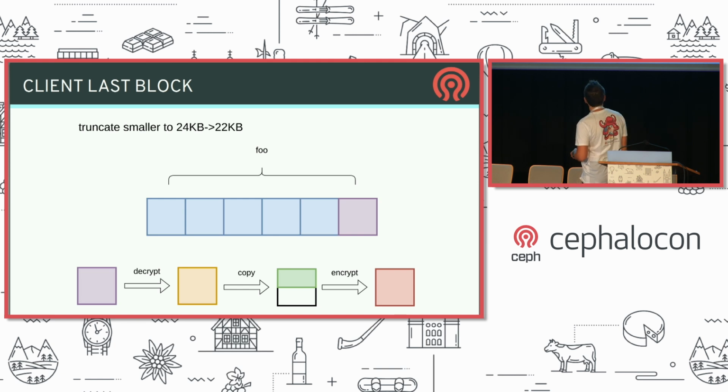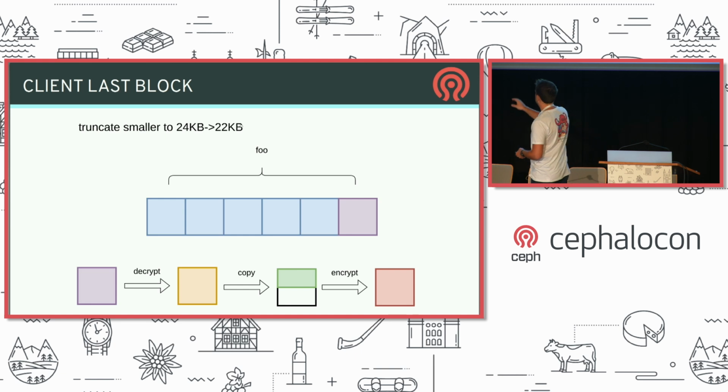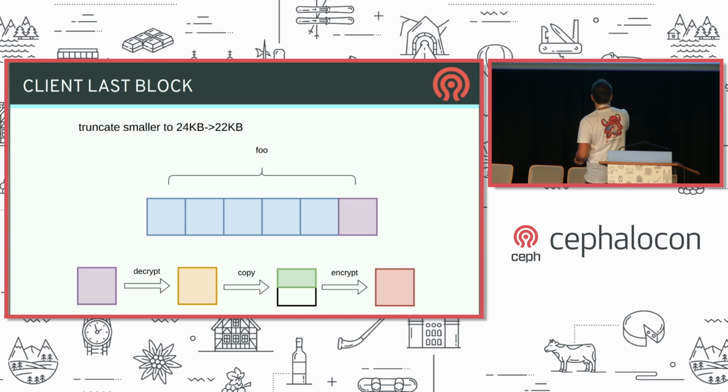The last one here is the last block. So if we focus on that, we decrypt it, we get the actual real data of it, and then we only copy, in this case, half of it, which is the 2. And then we re-encrypt it, pads up again to the 4 kilobytes, as mentioned.